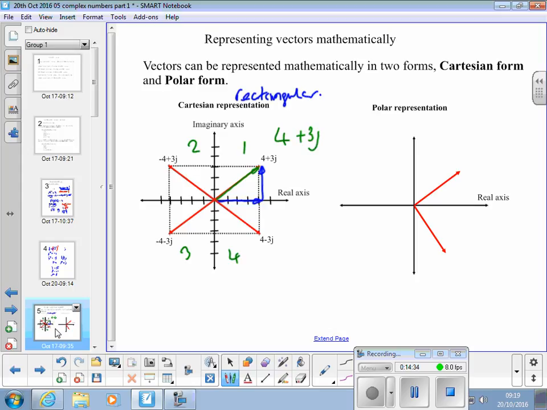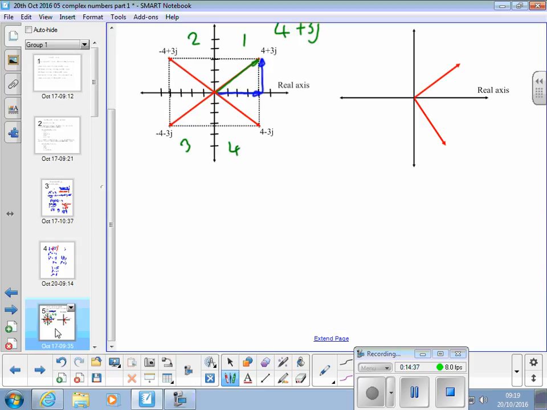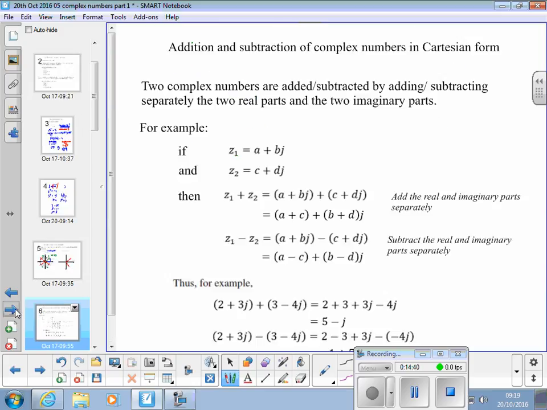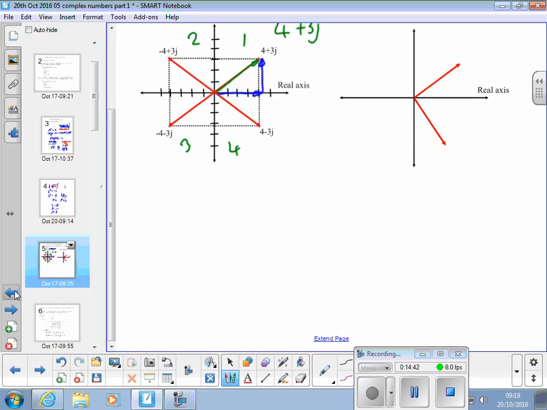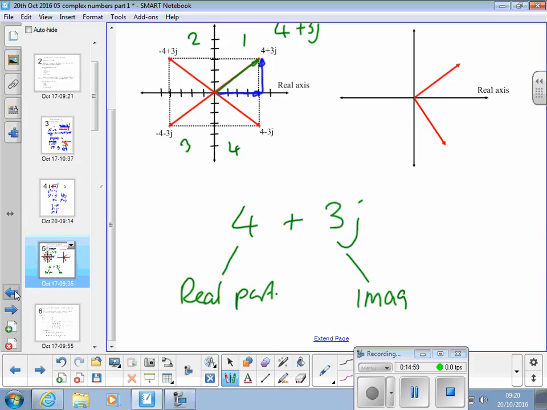Okay. Just look at what I've got on the next slide. That's fine. If we look at a particular complex number, 4 plus 3j, this is the real part. In your Bird textbooks, you'll see that he puts the j before the number.